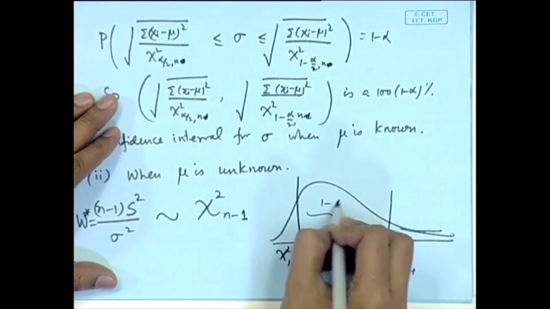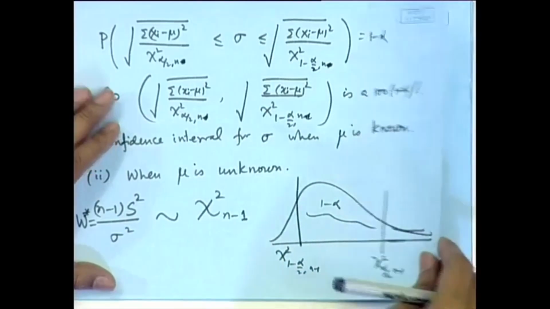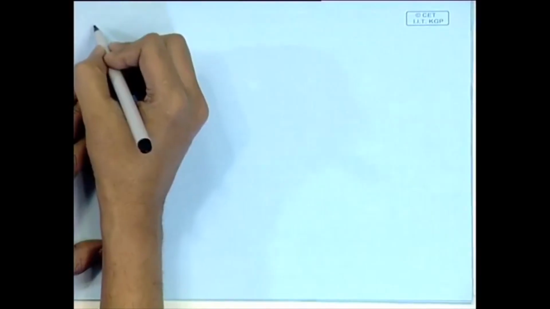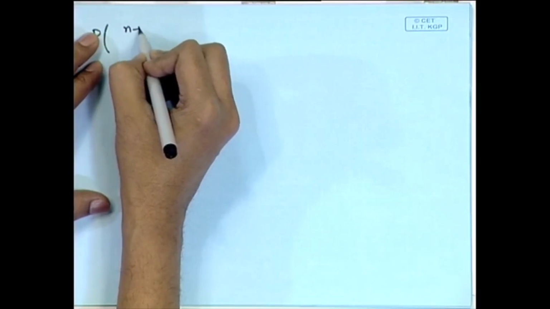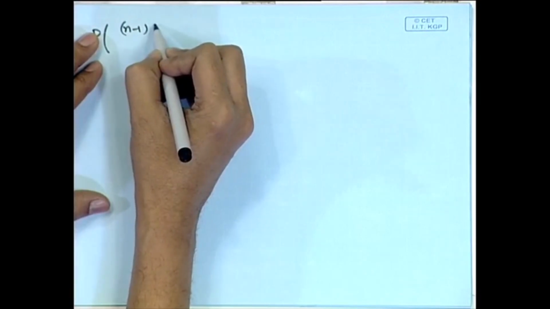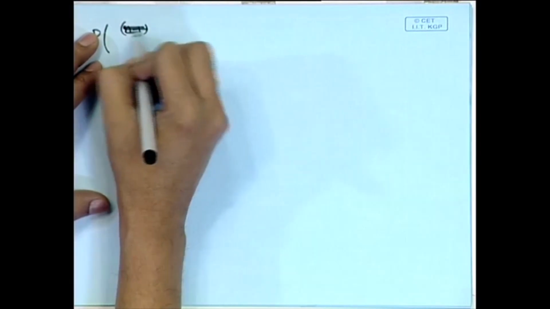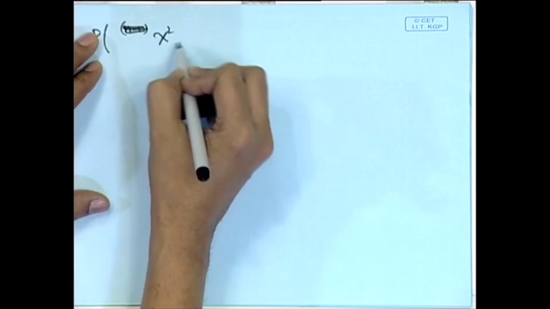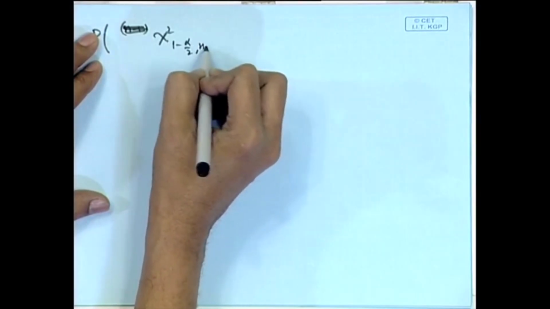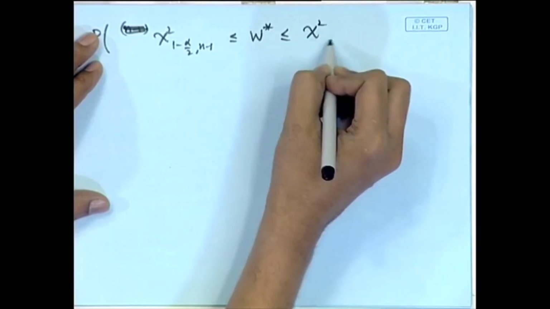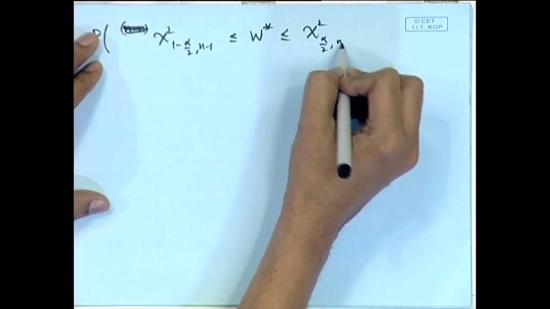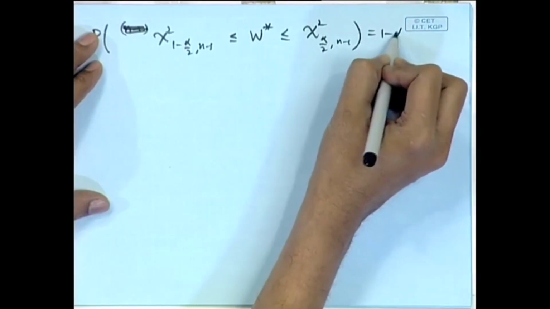This probability is 1 minus alpha, and we will have the statement: probability of chi square 1 minus alpha by 2 n minus 1 less than or equal to W star less than or equal to chi square alpha by 2 n minus 1 is equal to 1 minus alpha.